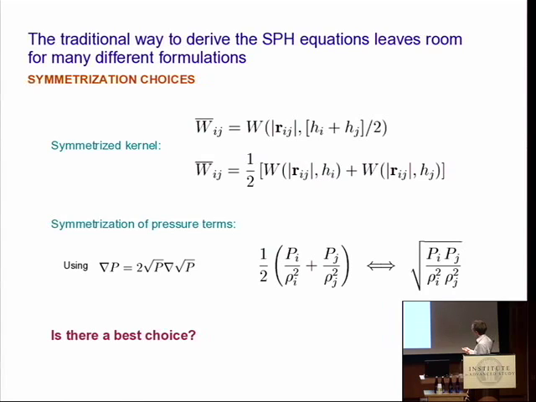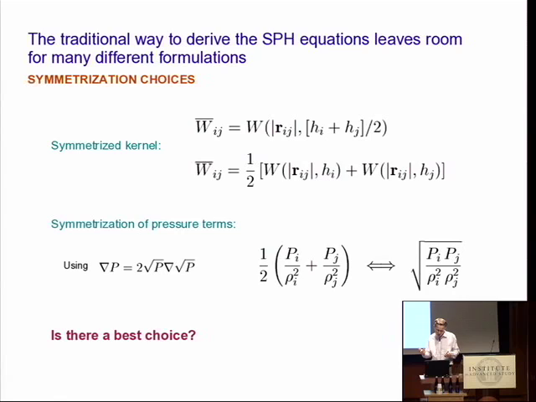You would, for example, symmetrize these kernels in different ways. Some people would prefer to symmetrize the kernel by taking, say, the arithmetic average of the two smoothing lengths of two particles that interact. You could also average the kernels themselves. Then you can also symmetrize the pressure terms in different ways. This is sort of the standard formulation. Then some people suggested using the geometric mean of these two pressure terms to have antisymmetric forces.